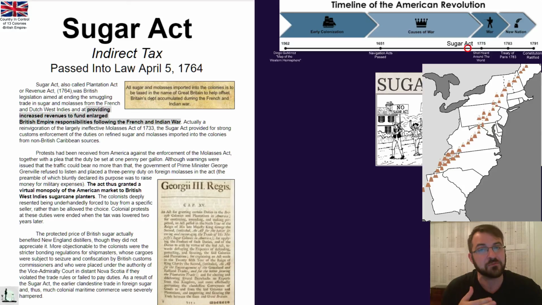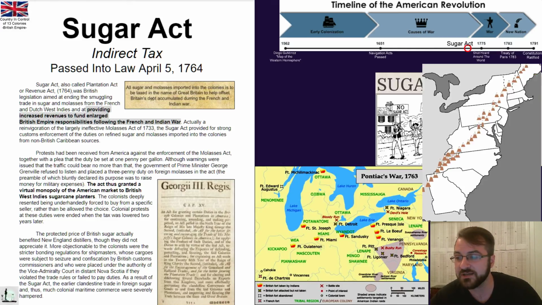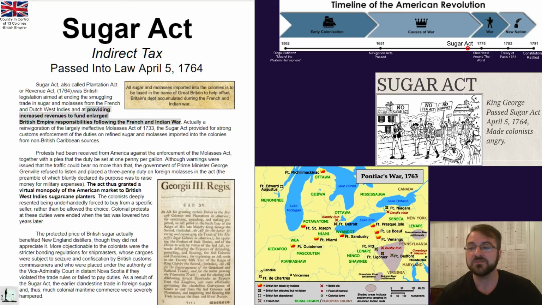Well, you need people to actually enforce that. You need people to actually fight the Native Americans, and that's going to happen in this new land without these soldiers to guard in this new territory. People were going to continue things like Pontiac's War that we talked about. There are still threats out there, and they need a military presence to guard them.